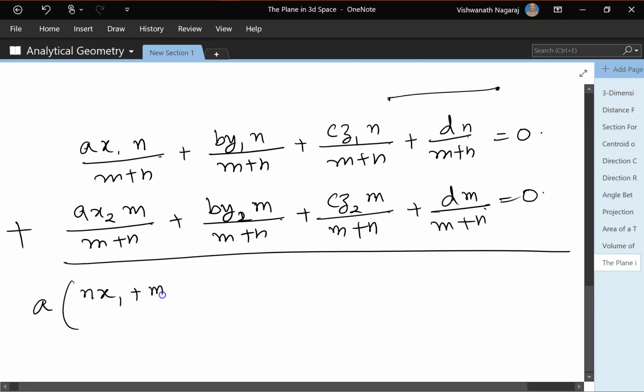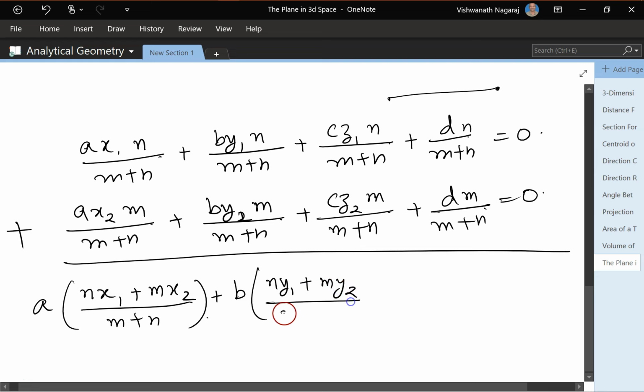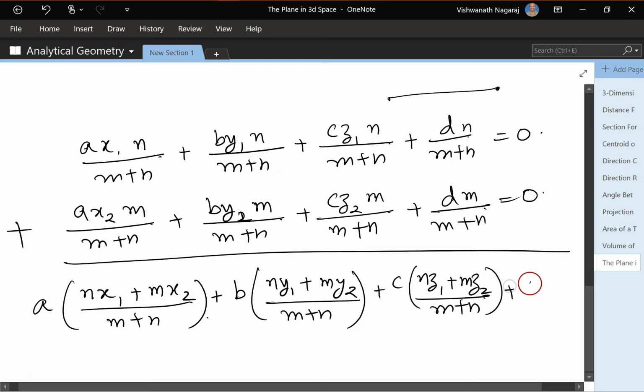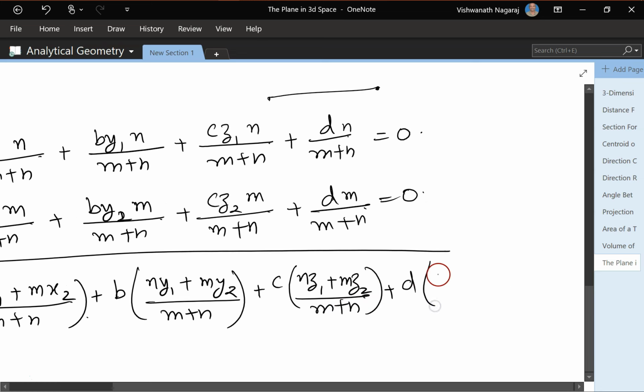Then we are left with (nx1 plus mx2) by m plus n, a, plus b times (ny1 plus my2) by m plus n, plus c times (nz1 plus mz2) by m plus n, plus d times (n plus m) by m plus n equal to 0.